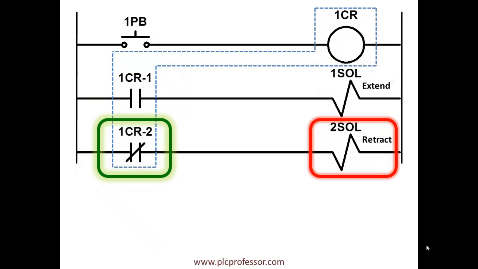The normally closed contact of 1CR energizes the second solenoid, which shifts the spool in the pneumatic valve in the other direction and puts air pressure on the front of the piston and pulls the rod back inside the cylinder to retract it. So normally open extends it, normally closed retracts it, as shown on the print. Let's consider some questions about the electrical relay control diagram in front of you, just to make sure you understand the process.